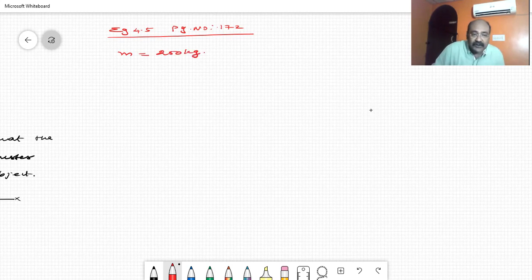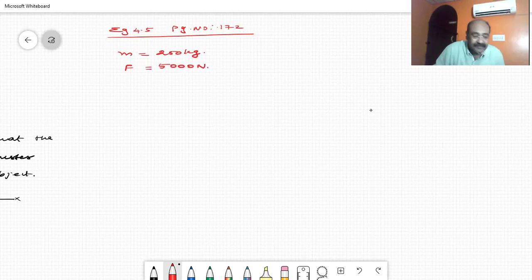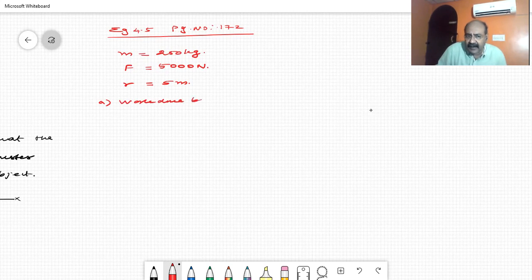The force that he is applying is 5000 Newton, and he is lifting it to a displacement r of 5 meter. So what are the things asked? The first concept is work done by the weightlifter.